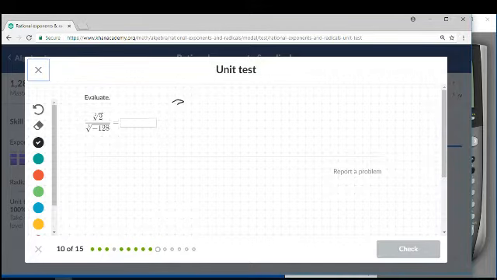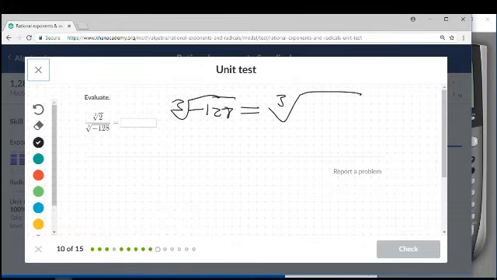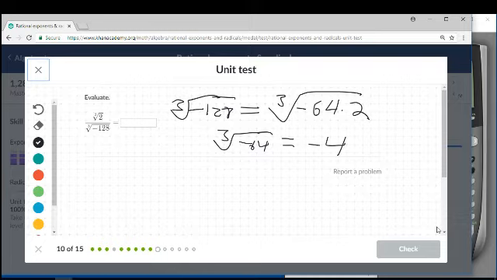So the cube root of -128 is equivalent to the cube root of -64 times 2. 4 times 4. That means that -64 is equal to -4.